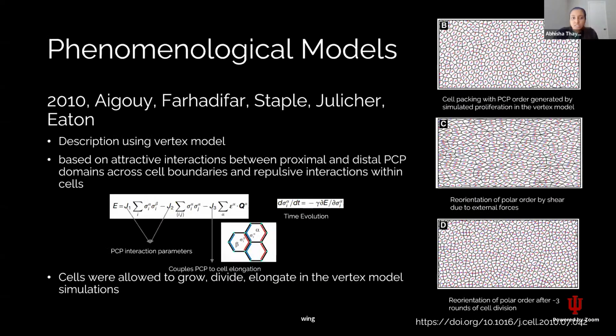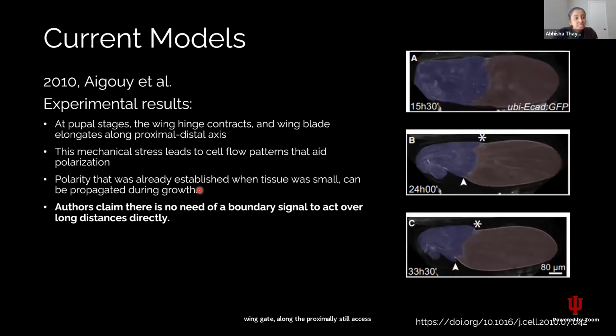So this exerts mechanical stress that leads to cell flow patterns that aid polarization. So polarity that was already established when the tissue was small can be propagated during growth.